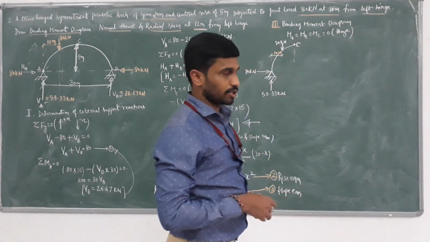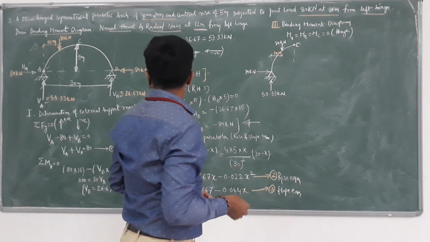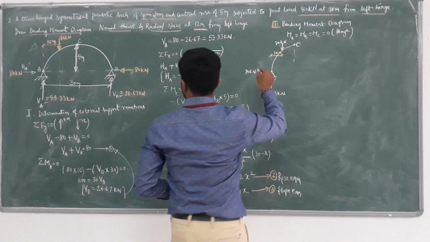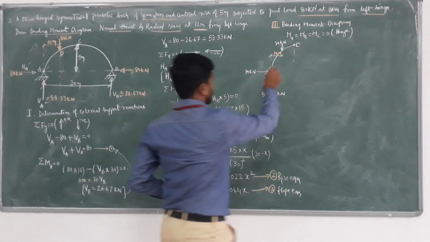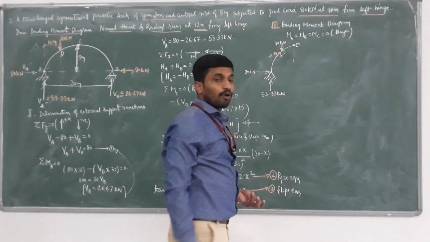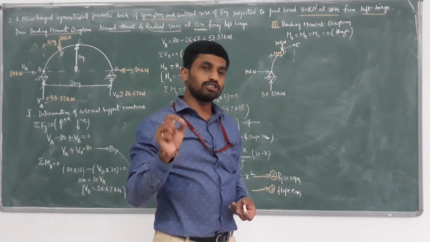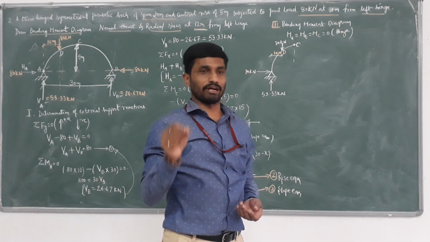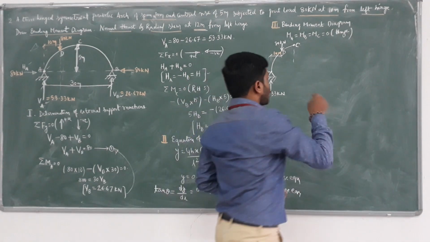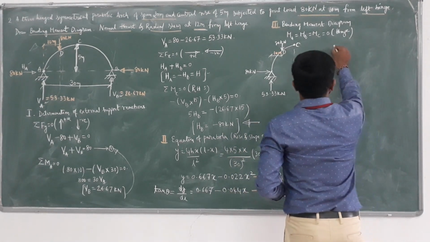Say this is A, B, C, and take this point as D. Now I want to determine the moment at D, because where there is a point load, we get maximum moments under that load.